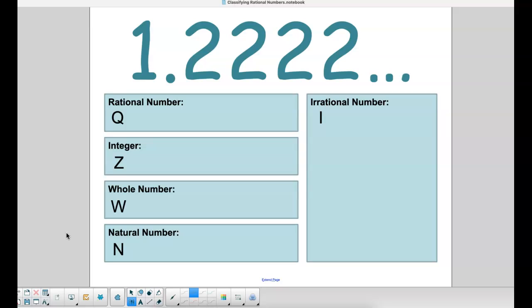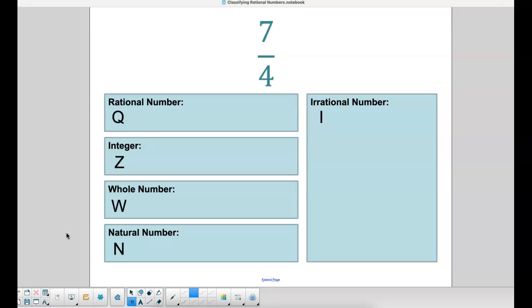It's 1.2 repeating. 7/4. 7/4. Square root of 25. Pi.